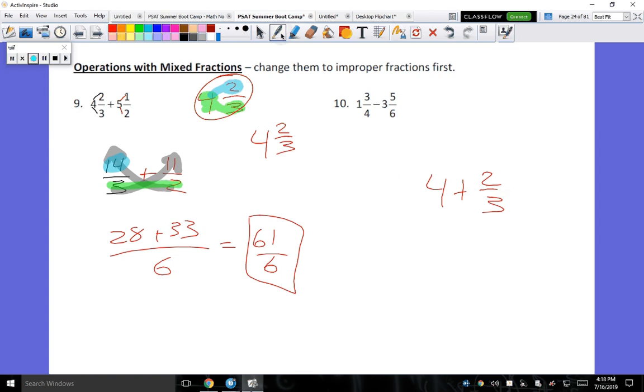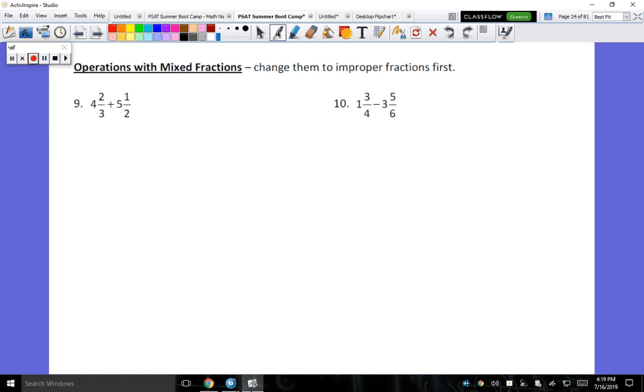But nonetheless, the question that he had, how did you create 14/3? Well, this is over 1. We multiply by a form of 1 so that you get a common denominator, and you get 14/3. You see it? Okay. All right, let's go to 10. So what's the improper fractions for this going to be? 7 over 4 minus, say again? 23 over 6.